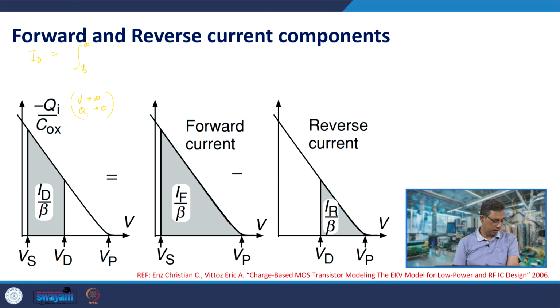So, we can now write our expression as integral Vs to infinity Qi by Cox dV minus integral Vd to infinity Qi by Cox dV.